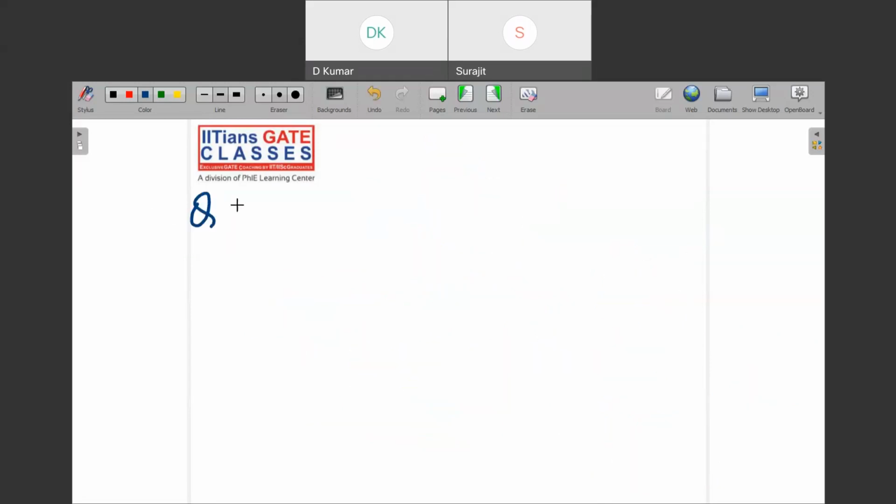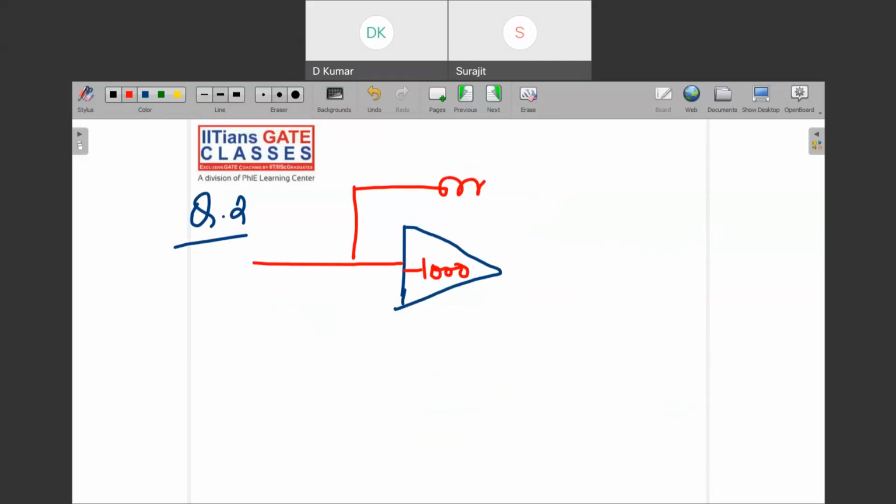The second question says that if there is an inductance connected, then the gain minus 1000 is given, finite gain only, and this time the inductance is connected, right?